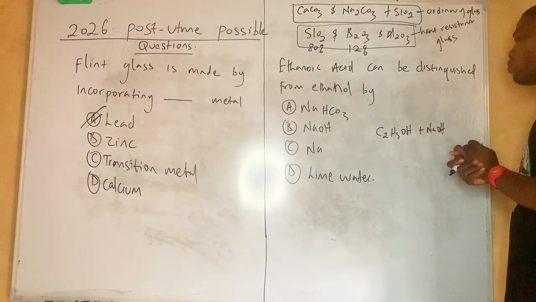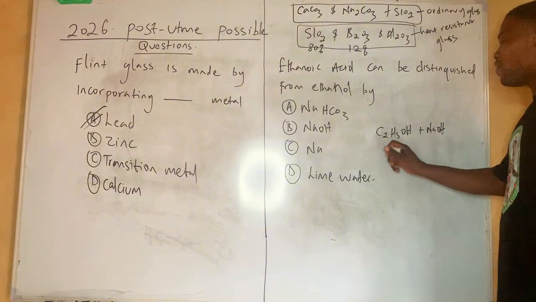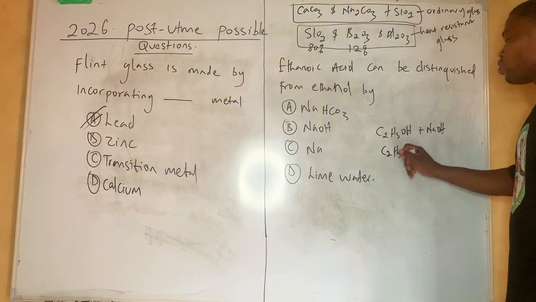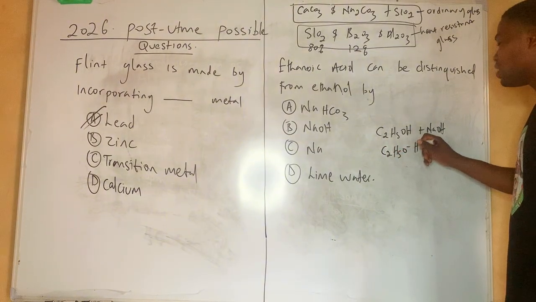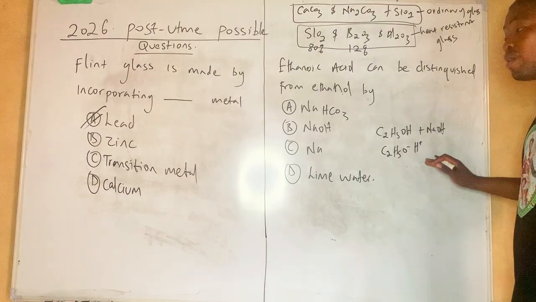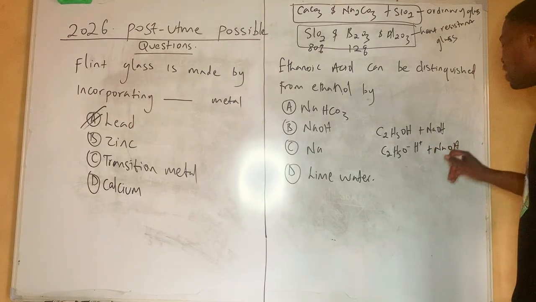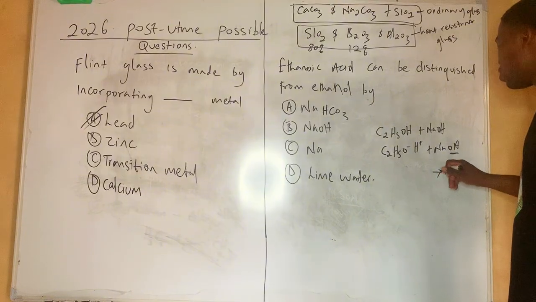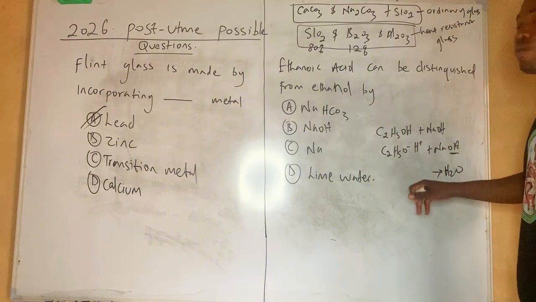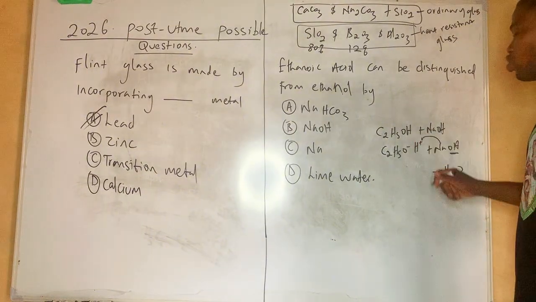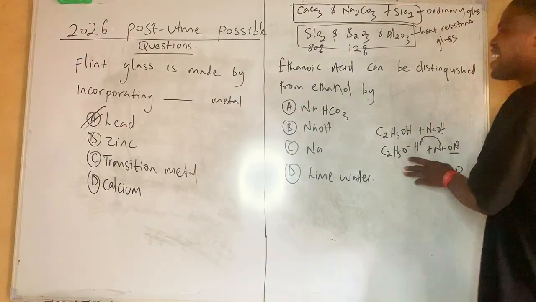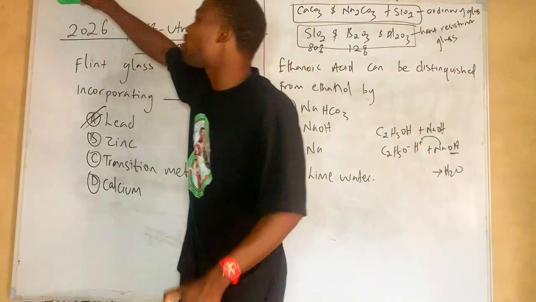Okay, a reaction can occur. It's just that alkanols behave like this in solution: they tend to liberate hydrogen ions. This hydrogen ion can take up the OH here and produce water, then the Na replaces the hydrogen ion. So a reaction can occur, but under certain conditions.